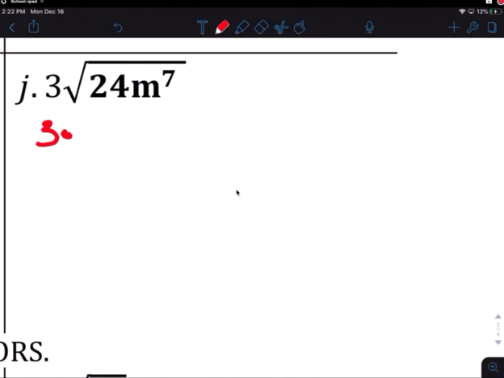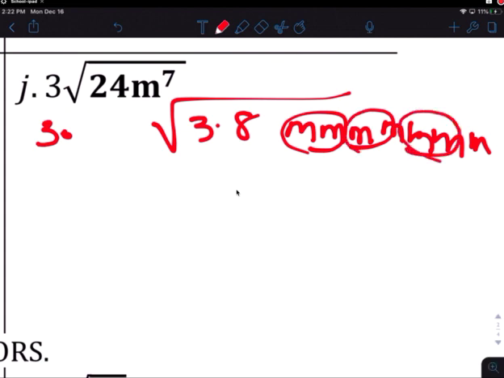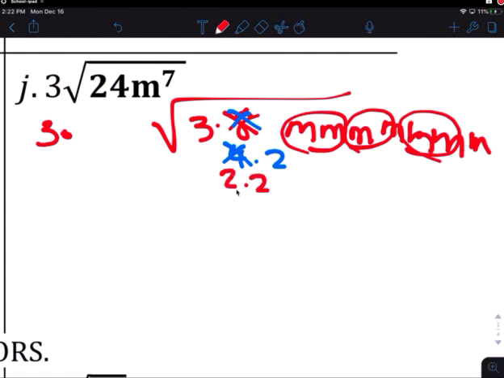It's 3 times square root of 24 is 3 times 8 and 7 m's. Got 1, 2, 3 pairs. And this 8 can be broken down into 4 times 2, and this 4 can be broken down to 2 times 2.